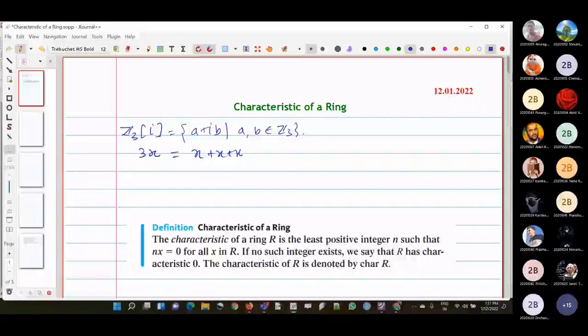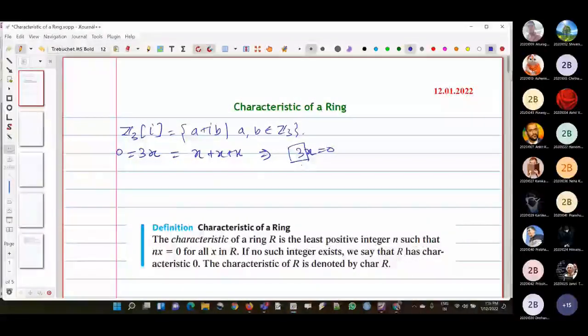So this is going to be 0 because we are reducing every number here with addition modulo 3. So 3 becomes 0 here. So what we got is 3x equals 0, and this holds for non-zero x as well.